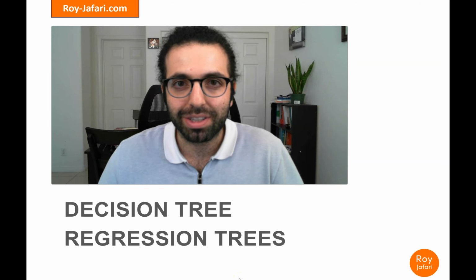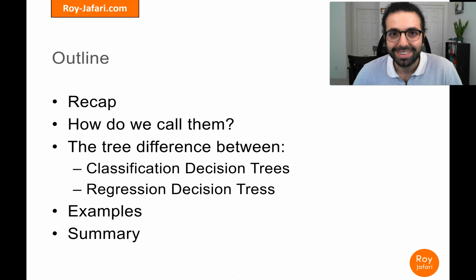All right, let's look at this slide. Like in any other video, we're going to have a few very short recaps of what we need to remember from the previous videos. Then we're going to talk about how we separate decision trees for classification and prediction as far as their names.